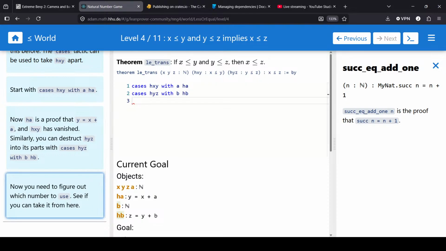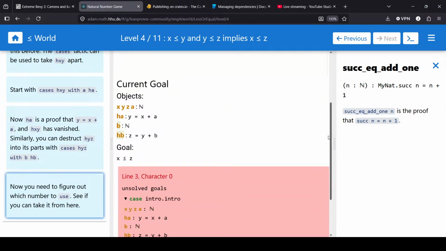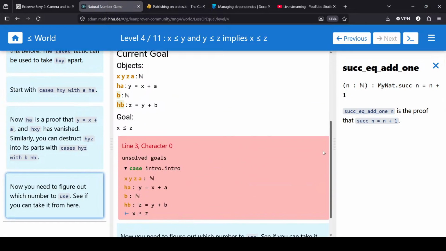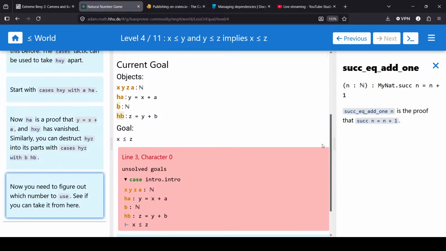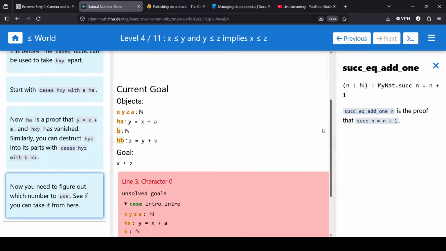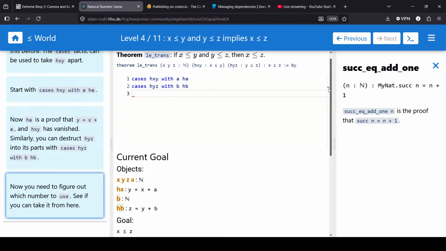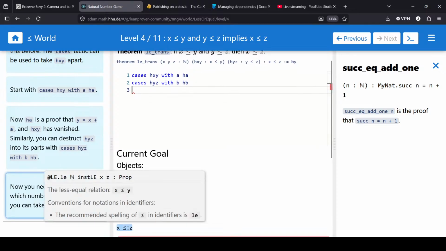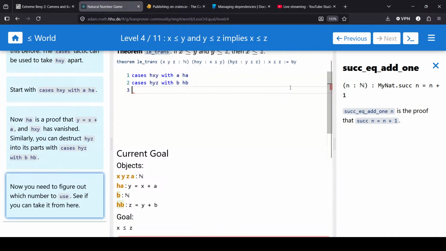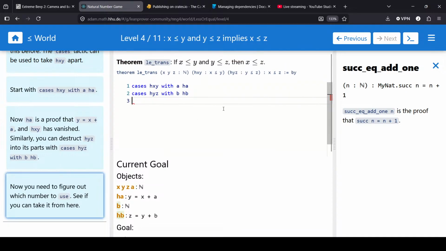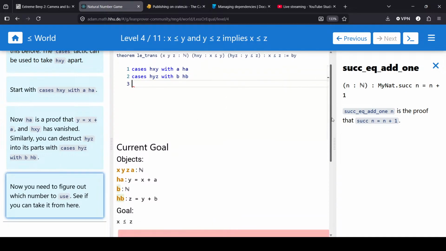So, wait, I'm allowed to use at this point too, even though I have destructed these less than or equals. Oh, no, because it's in my goal. Okay, I see. So it would change the goal. Right.